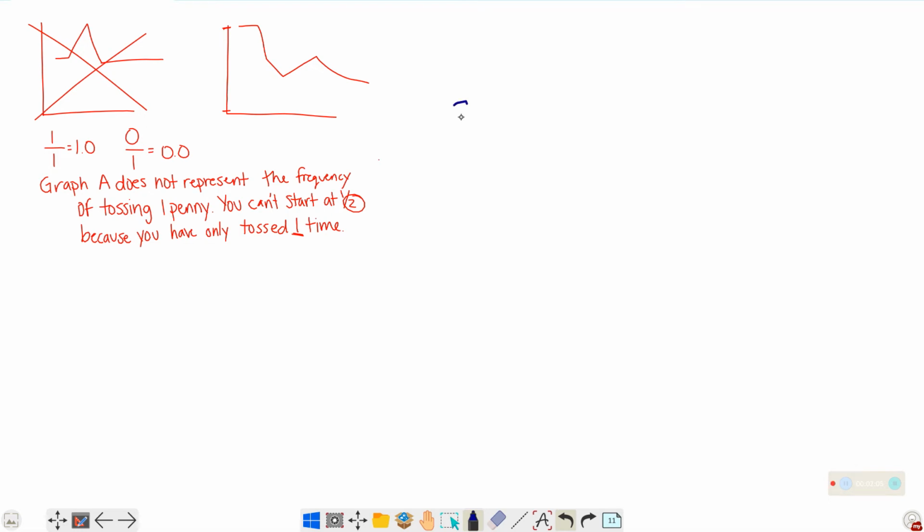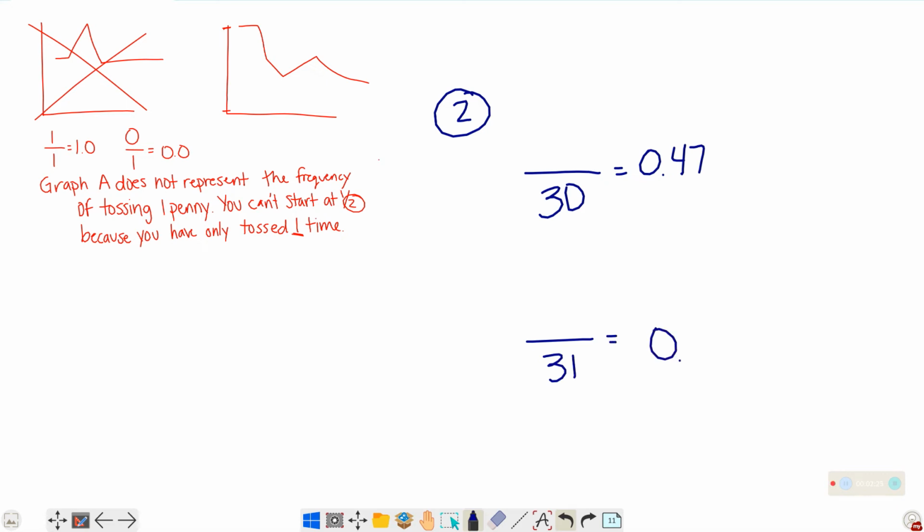So for number 2, if you toss it 30 times and get a decimal of 0.47, we've got to figure out how many tosses landed on heads. And then if you do 31, can it be 1 more and come out to 0.55?